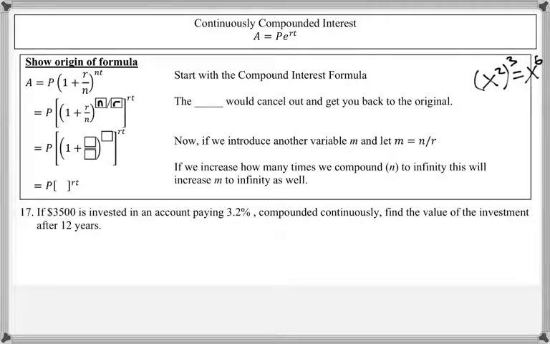So here, if I'm multiplying these exponents, the r's actually cancel out, and you would just have n times t, which is what we have here. So because they would just cancel out and you would get back to what you started, we are allowed to introduce that n over r there.